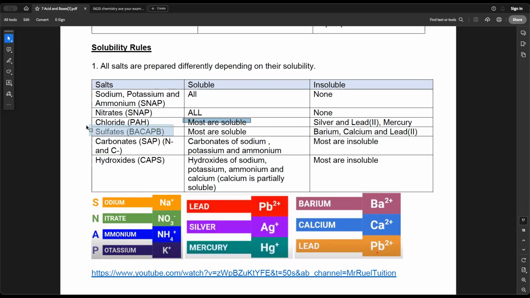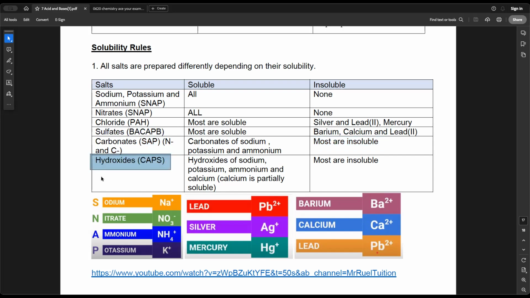For the sulfates, you have to remember Bachap, which is insoluble: barium, calcium, and lead. The rest of them will all be soluble. And for carbonates, basically only the SNAP ions are soluble. Everything else will be insoluble, as you can see here.